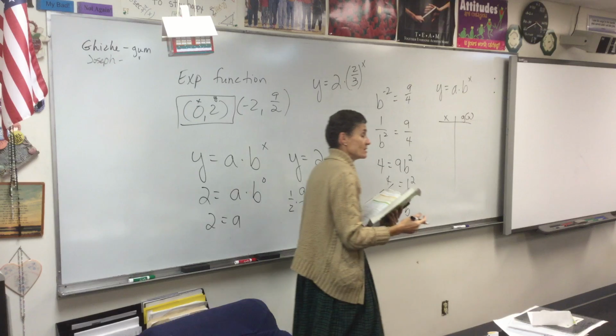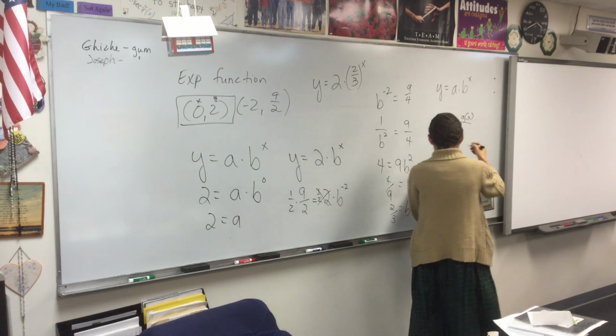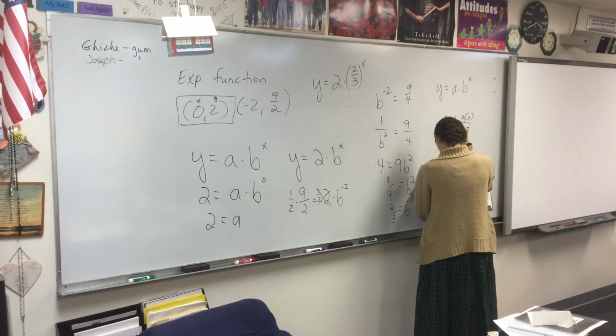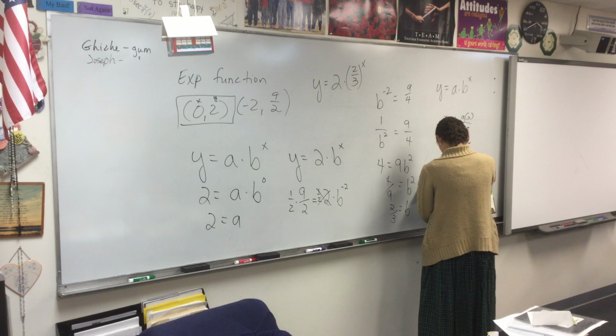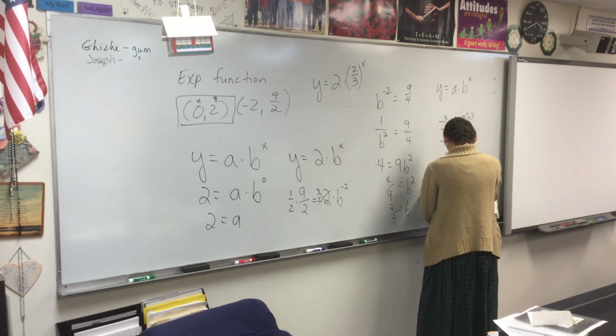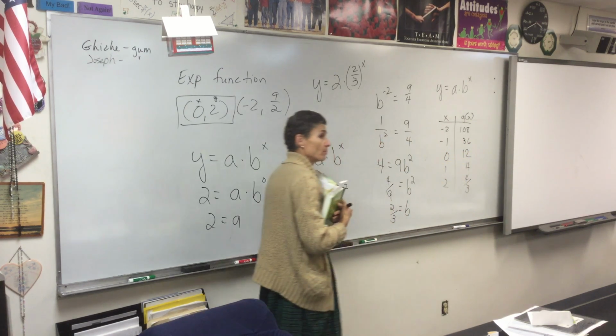Problem 12 is the g problem. So your table of values would be -2, 108, -1, 36, 0, 12, 1, 2, 4, 4/3. There's your table of values for problem number 12.